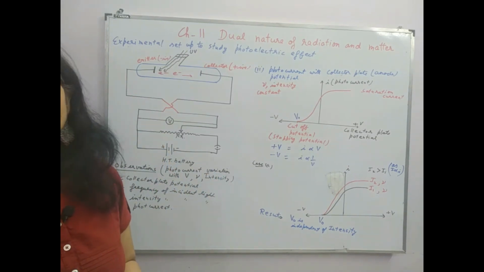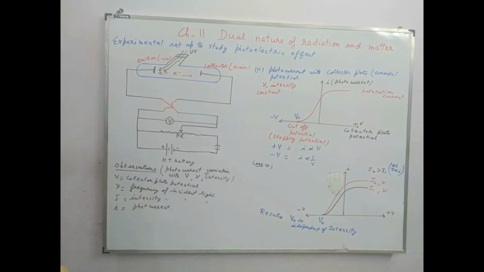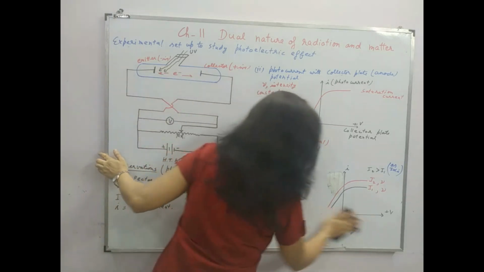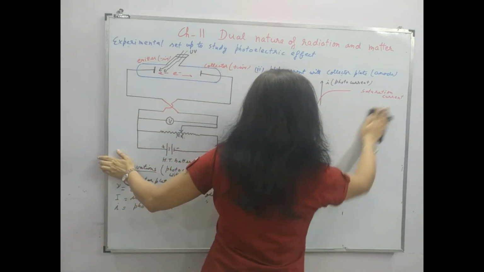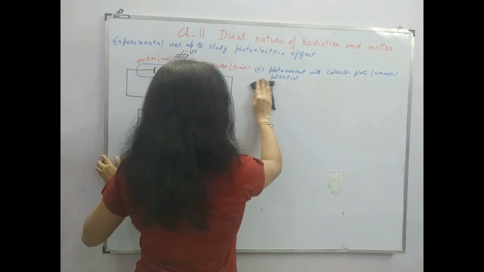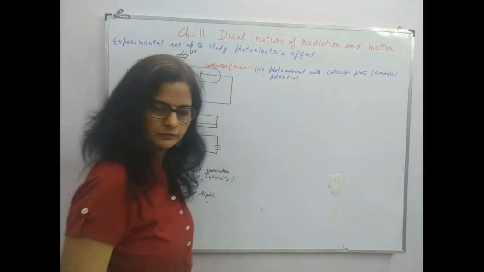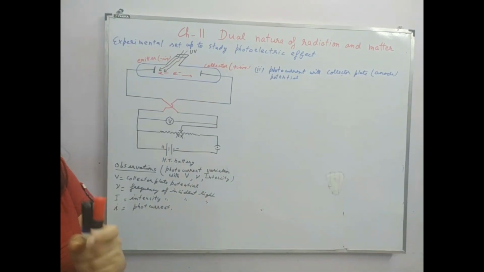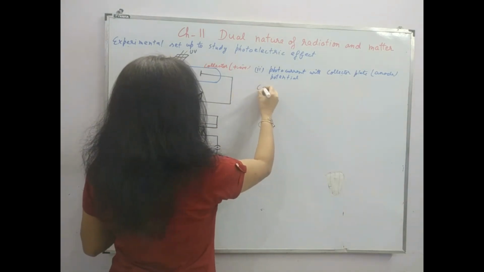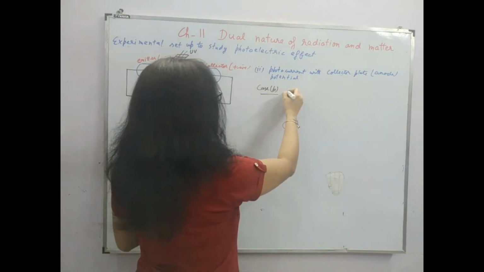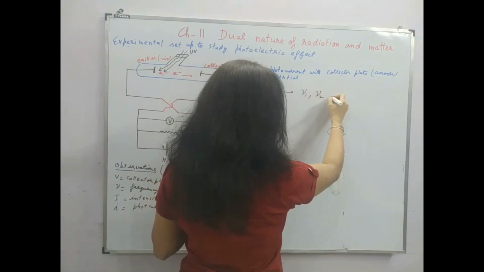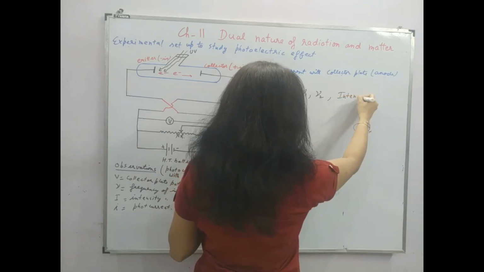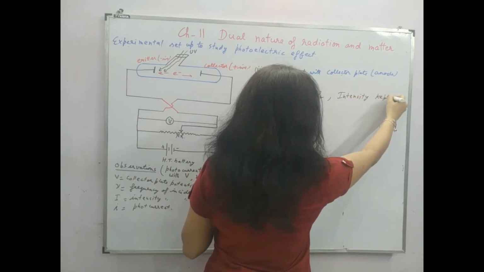On the basis of this, many questions are asked in the board. I can take case B again. Now this case A is taken from here. Now case B, frequency 1 and frequency 2 are taken and intensity kept constant.